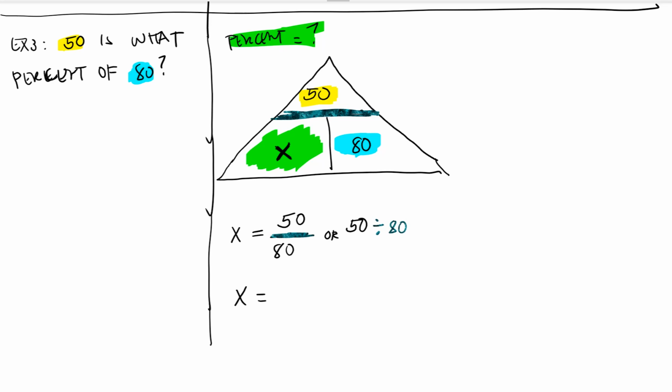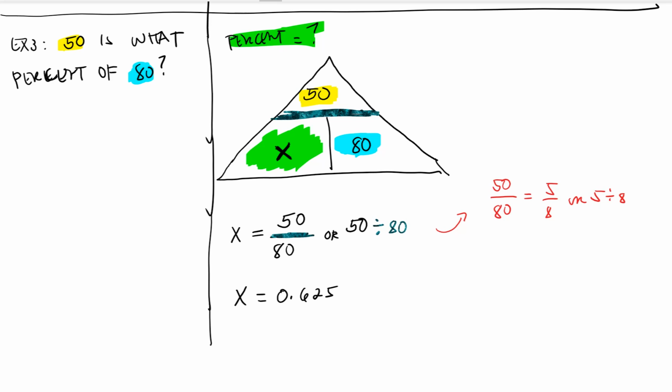That gives you 0.625. You can use your calculator or do long division. If I solve that at the side, 50 over 80 is just 5 over 8, or just 5 divided by 8.